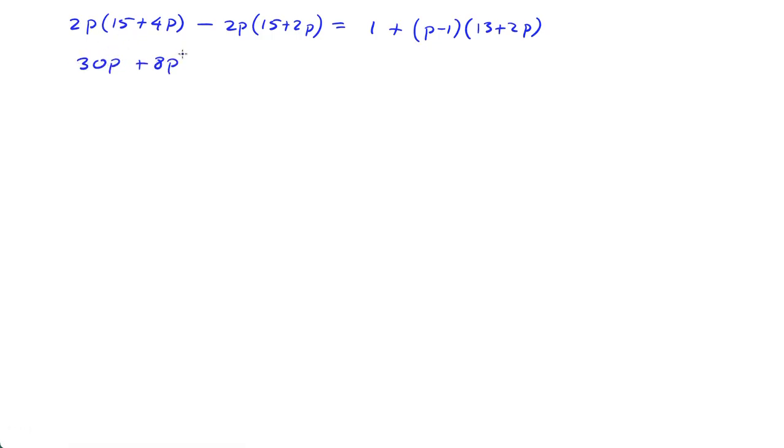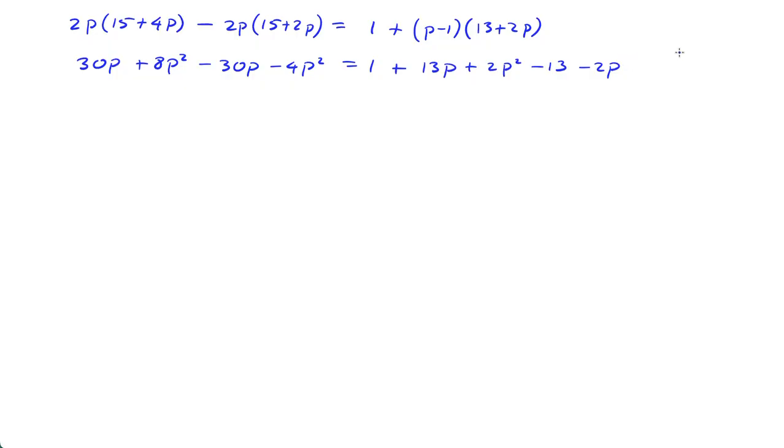Okay, this is 30P plus 8P squared minus 30P minus 4P squared equals 1 plus 13P plus 2P squared minus 13 minus 2P.